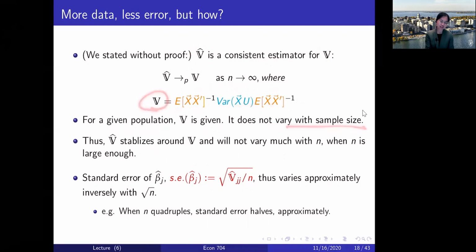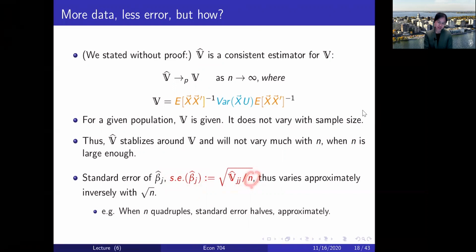On the other hand, V hat converges to V in probability. Therefore, for large samples, if the sample size is large enough, V hat is going to be quite close to V. That is, V hat stabilizes around V, which means V hat is not going to change much with the sample size. How does the standard error of the estimator change with the sample size then? It changes with the sample size mainly because of this n here.